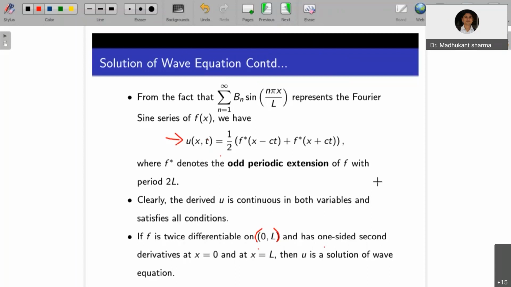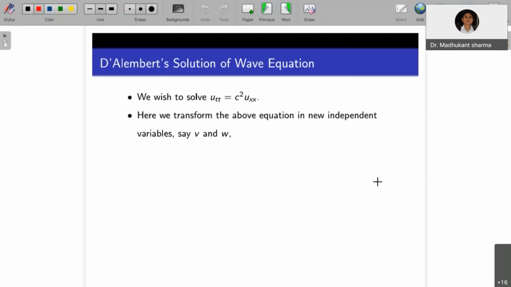That was the idea by D'Alembert, and he successfully gave a solution for the wave equation. Also the conditions are verified, that f must be periodic with period 2l and so on. So here we have this wave equation.